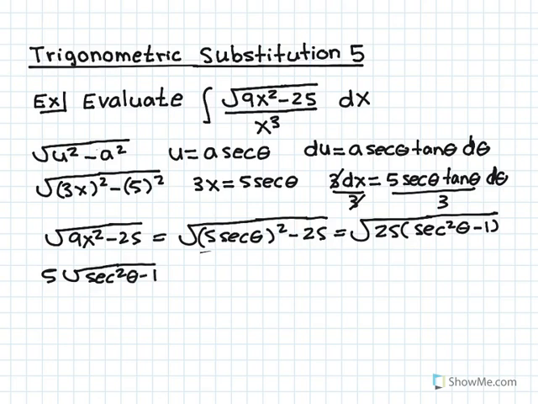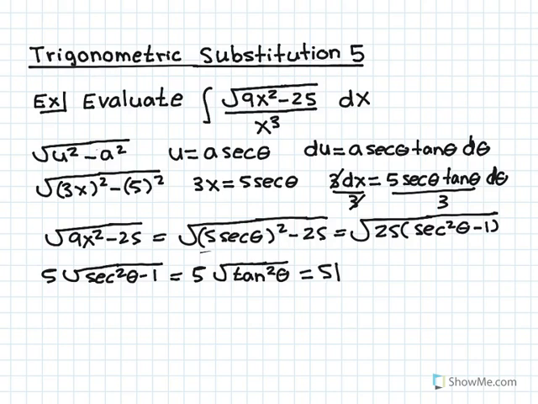Now, what is sec squared theta minus 1? We have a trig identity, 1 plus tan squared theta is equal to secant squared theta. So sec squared theta minus 1 is tan squared theta. And this identity is exactly the thing that allows us to get rid of the radical. We get rid of the root sign, and that makes the integration possible. So we get 5 root of tan squared theta. The root of tan squared theta will be the absolute value of tan theta.